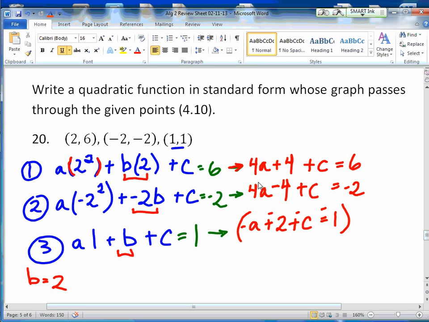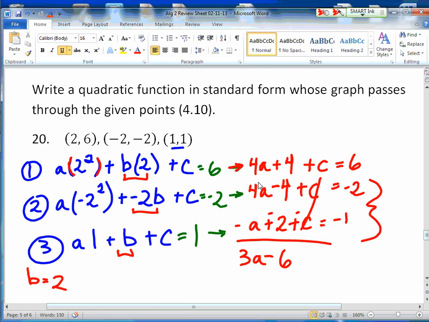And then we're just going to combine like terms. Just going to rewrite this part. Okay, and then we're just going to add down so that we're combining these two equations. Okay, so we'll get 3a minus 6.